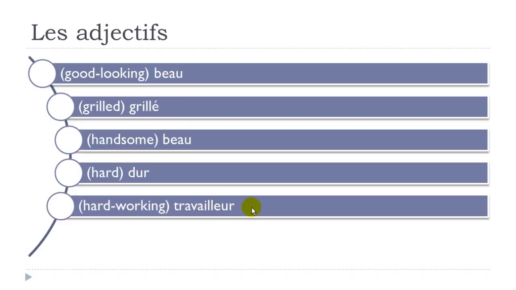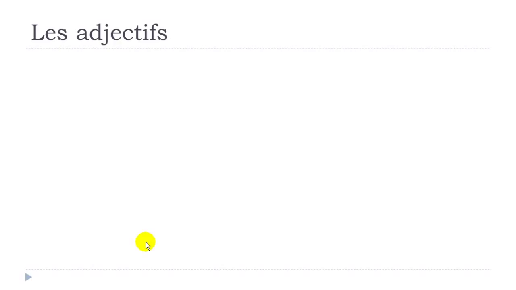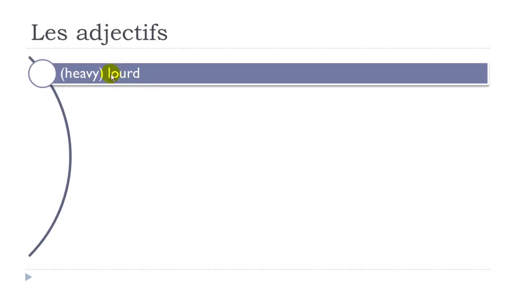Travailleur. Saint. Okay, combination of A, I, N, phonetically will give you this un pronunciation. Saint. Lourd. Final D not pronounced.